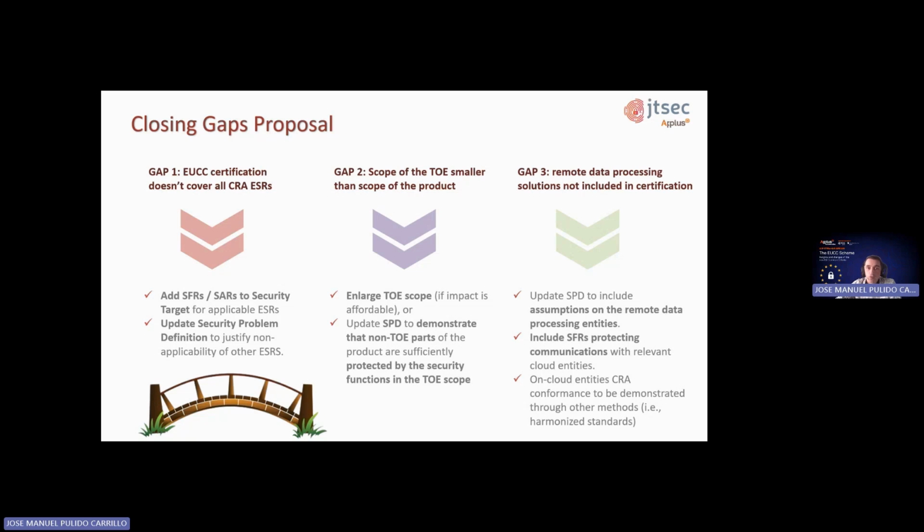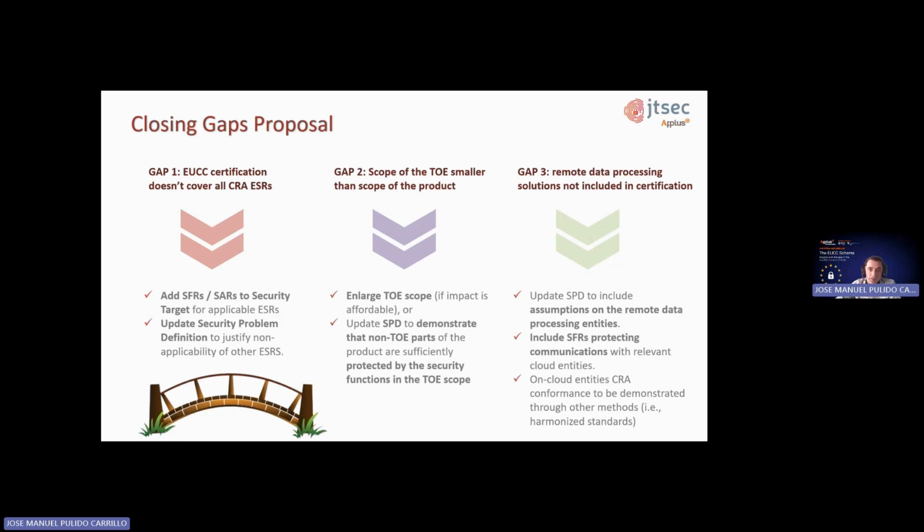If the scope of the TOE is smaller than that of the product, sometimes maybe we could make larger the scope of the TOE, but it's not always a feasible option. So in these cases, we will maybe have to demonstrate that the chosen TOE scope is sufficient to ensure the security of the whole product, including the parts of the product that have been deemed as operational environment.